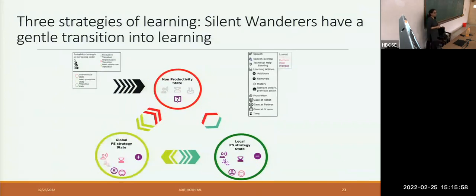Whereas coming to the third group of learners, what we found was that, yes, they also had this non-productivity state, but they did not have very high probabilities. So you see that this is light green, and the transition to the other state is also not very high. So they have very low probabilities of going to these other states.